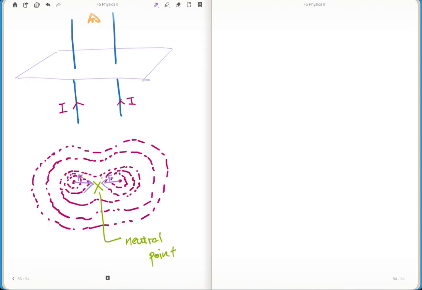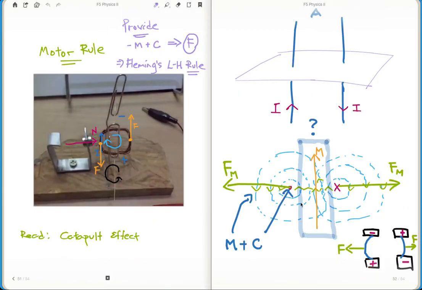When they are in opposite directions, like here, they repel. It's a repulsive force. So basically this is all about it.